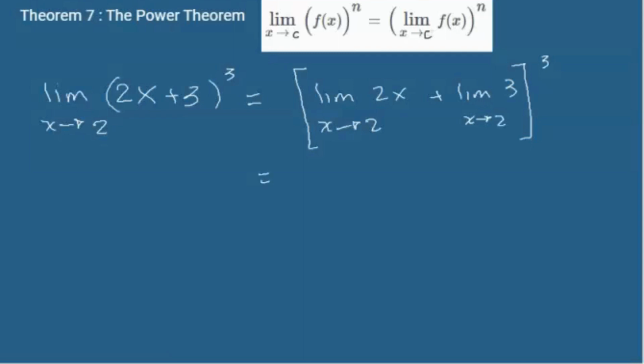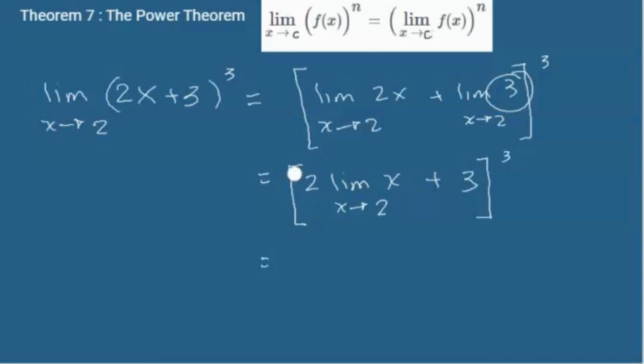Okay, so this will be equal to, applying our previous knowledge of the limits, so the first one will be 2 times the limit of x as x approaches 2. And this one is limit of a constant, so plus 3, raised to the power of 3.